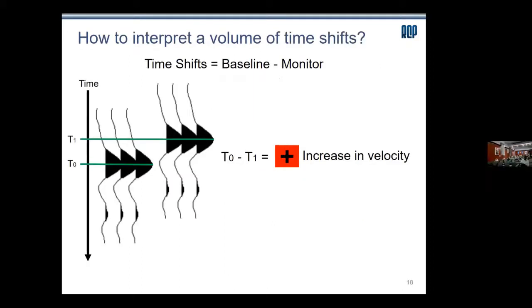So back to the seismic data. How do we interpret these time shifts? Well, if you've got one survey and you're looking at a reflector that's on top of the reservoir or on the bottom of the reservoir or even within the reservoir, you can compare it to the next survey, the monitor survey, and see whether there is a time difference.